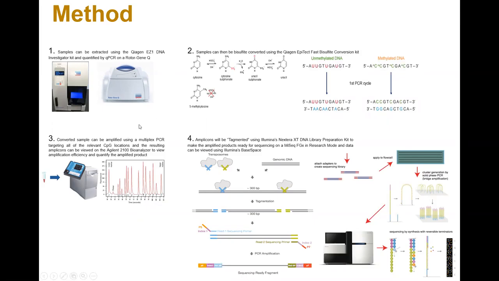I know that the QIAcube, the EZ1 Investigator Kit on the QIAcube, I do believe is cheaper than with the EZ1 that we have in our lab. And again, you could also pretty just as well use a Qubit to quantify beforehand rather than using a Rotor-Gene Q if you want to save costs in that area.